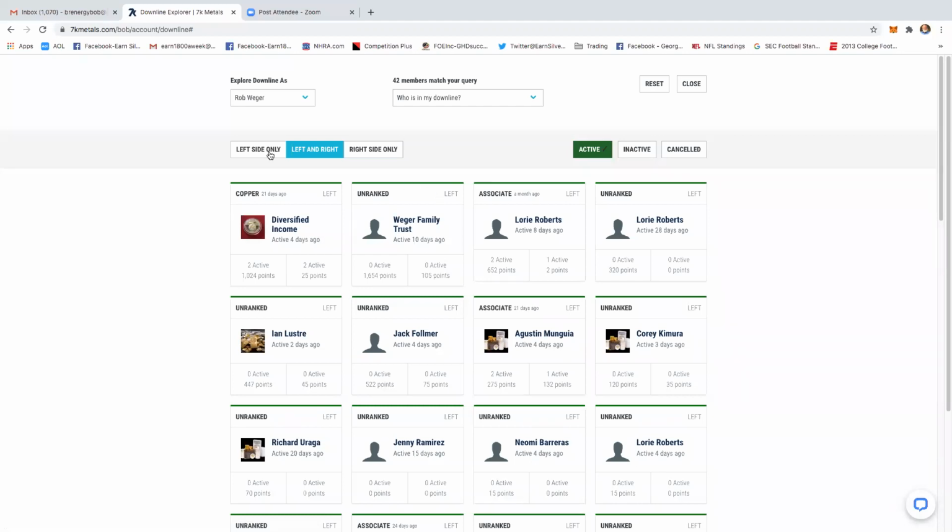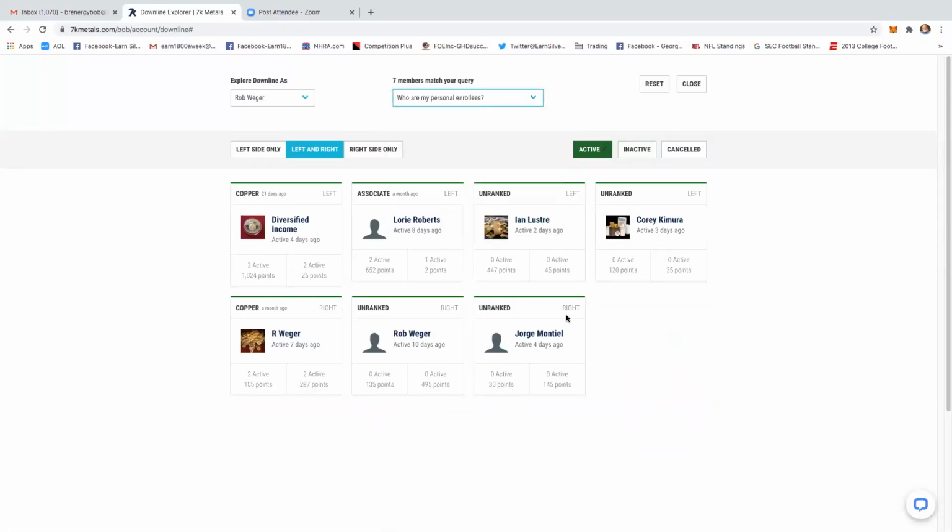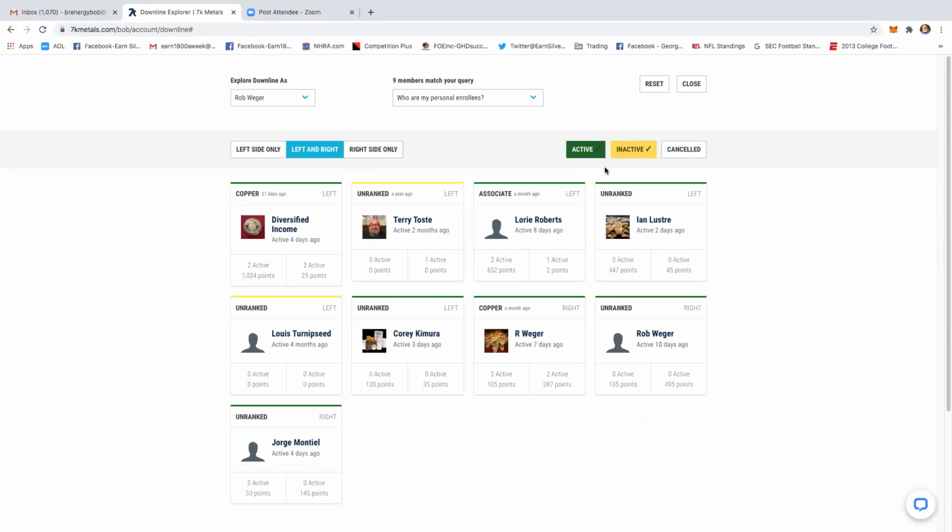Now, Rob's name is up here. Now, this is everybody in his left and his right. And we can look at his personal enrollees. And we can look and see who he has sponsored on left and right, and where his inactives are, what room he has to grow.